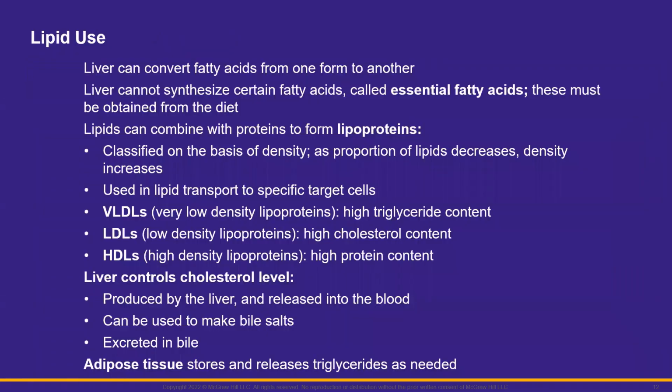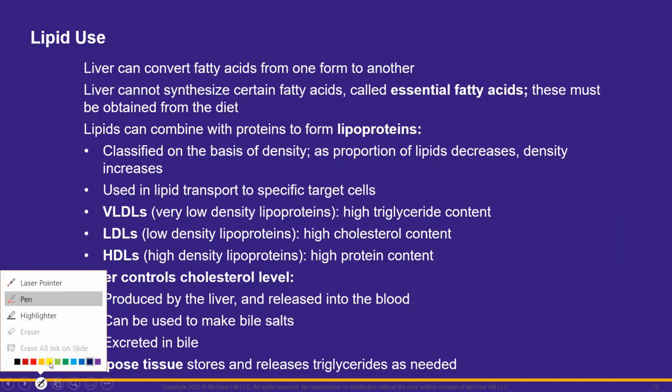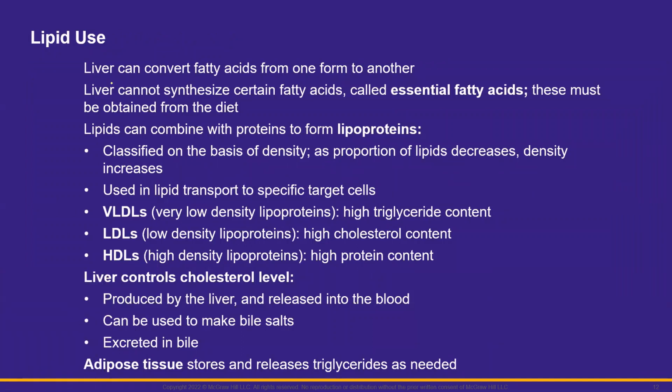Okay, the lipid use. So what we use is the lipid that we eat. The liver can convert fatty acids into different types of fatty acids. There are so many types of fatty acids, and the liver can convert one fatty acid to another.